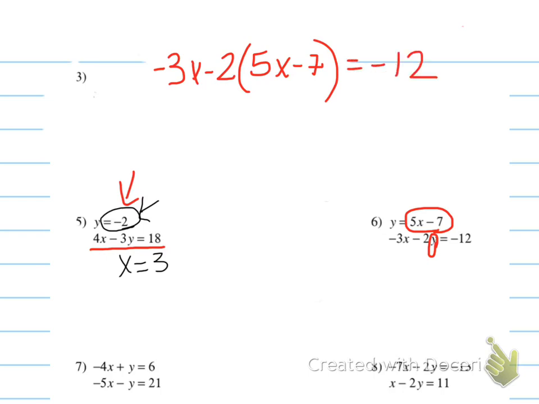That was what I told you to come back and show me, that you had done the substitution step properly. The rest is solving a multi-step equation. That's not the hard part for you because you've already done this before. So pause now and solve for x, and then I will wait.